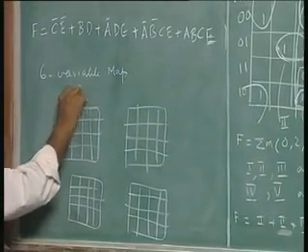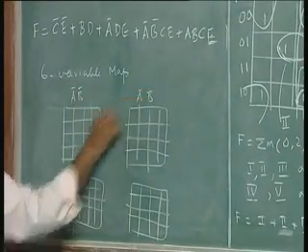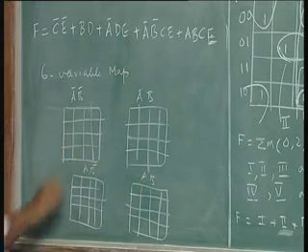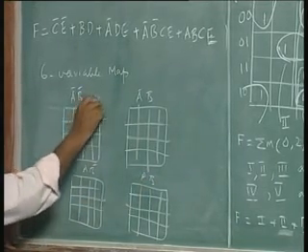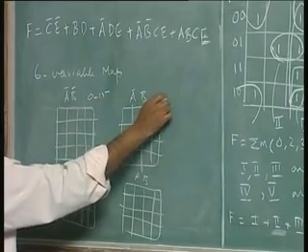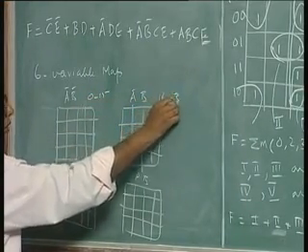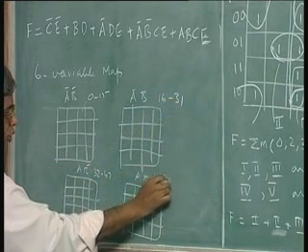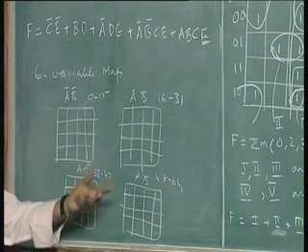A bar B bar, A bar B, A B bar, A B. So minterms 0 to 15, 16 to 31, 32 to 47, 48 to 64, and then you have adjacency, all sorts of adjacency.